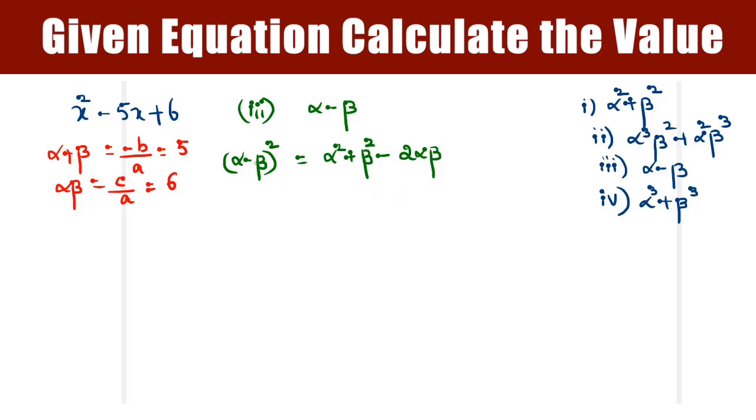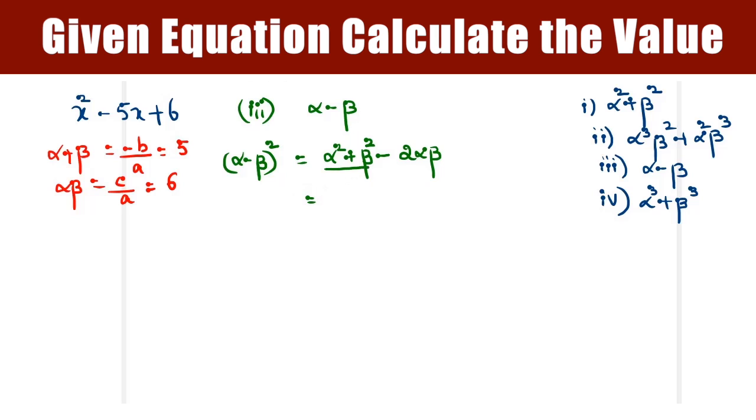This is a minus b the whole square is equal to a square plus b square minus 2ab. Now I need to find the value of alpha minus beta. I have already calculated, as part of the first expression, the value of alpha squared plus beta squared. So I'm going to use that for continued substitution.